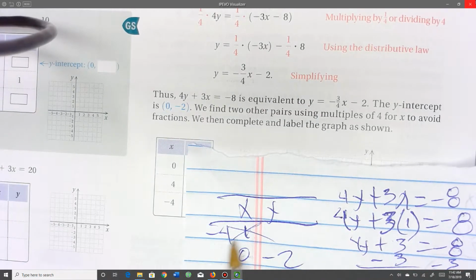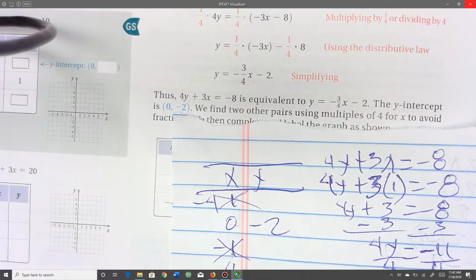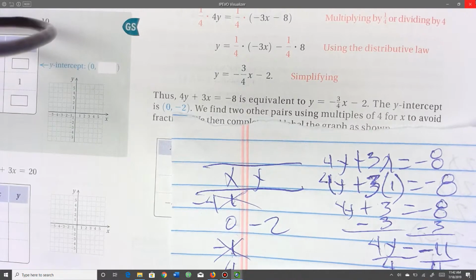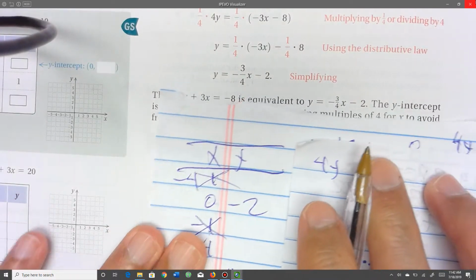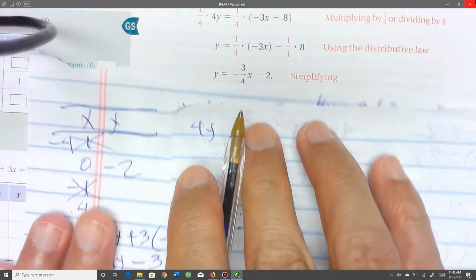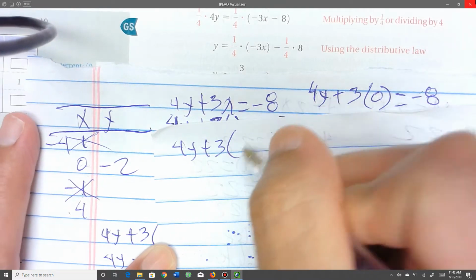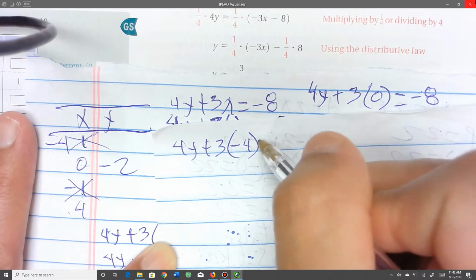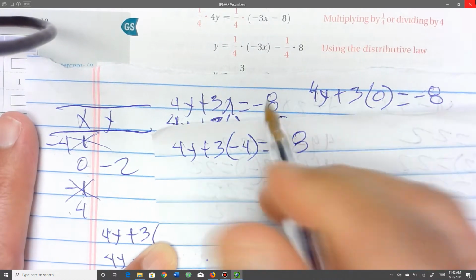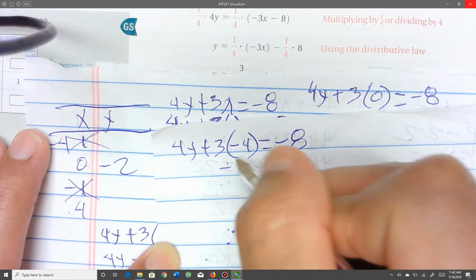Okay, so let's do negative 4 first, and I'm going to use a different piece of paper here. And the equation was 4y plus 3 times negative 4 in this case equals negative 8. Negative 4 times 3 is negative 12.